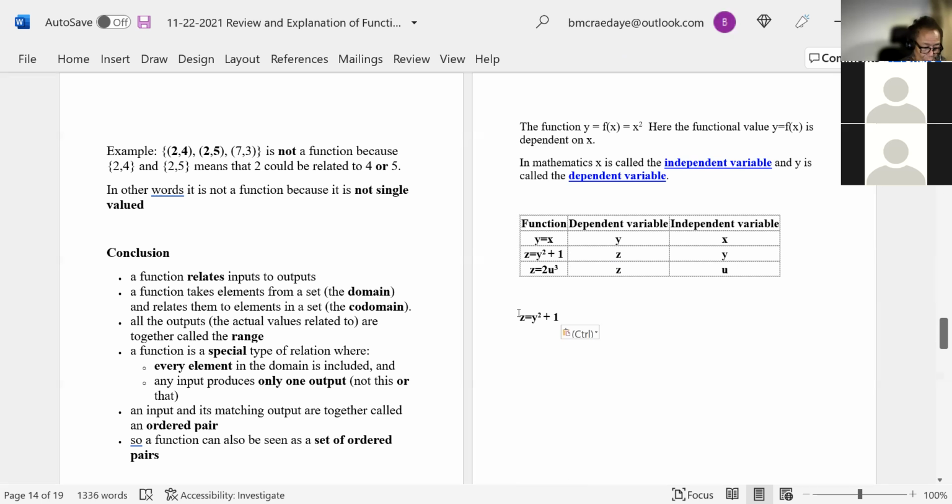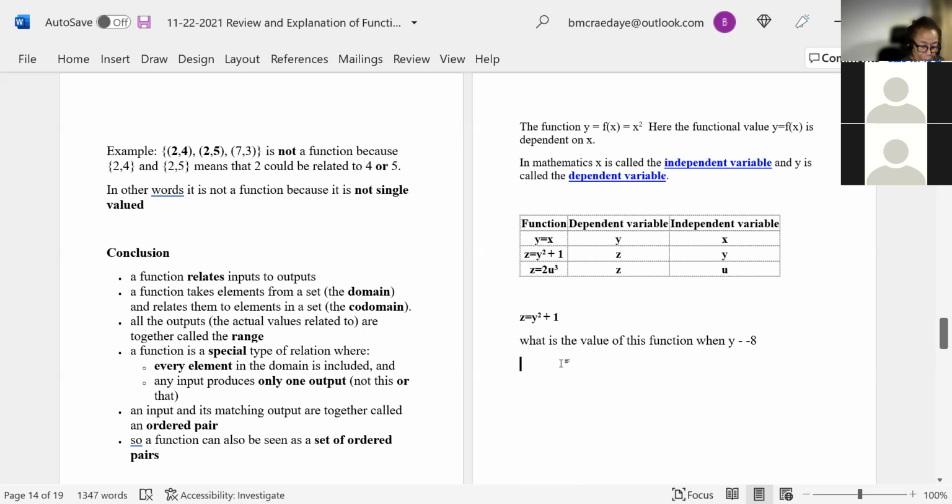What is the value of this function when y equals negative 8? In other words, what is z equal to?